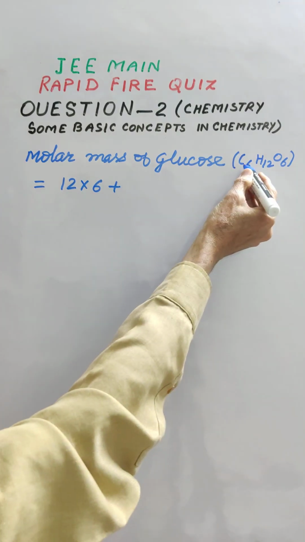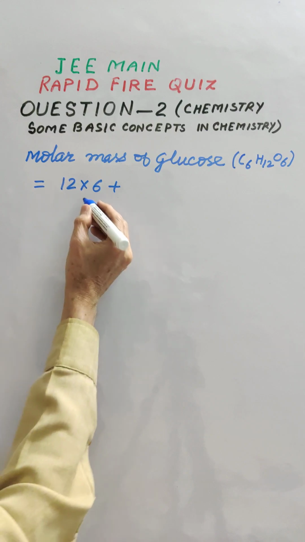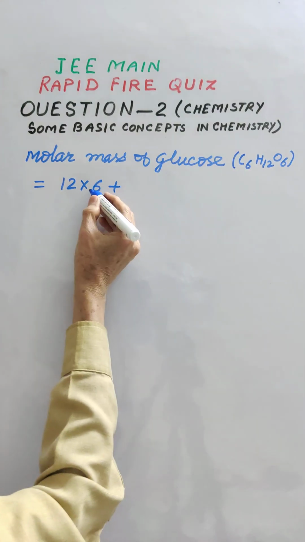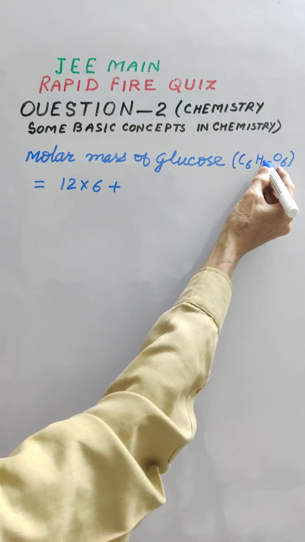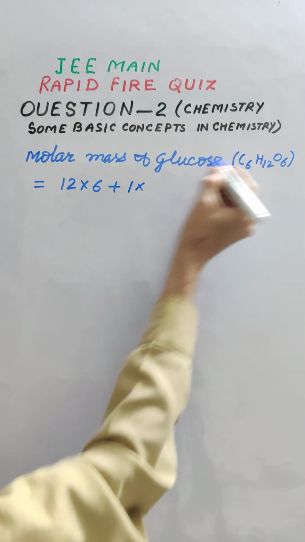12 is the atomic mass of carbon, which is multiplied with 6. There are 6 atoms of carbon, 12 into 6. 1 is the atomic mass of hydrogen, which was given, multiplied by 12.